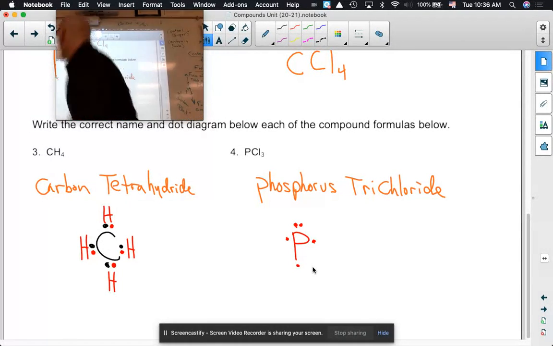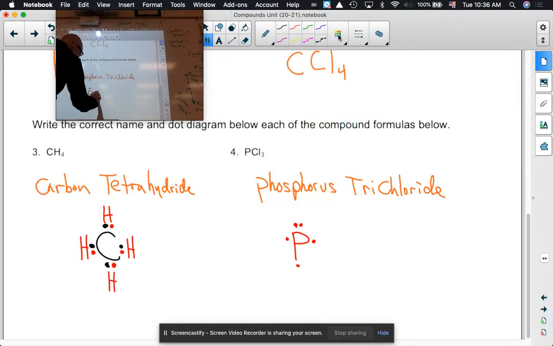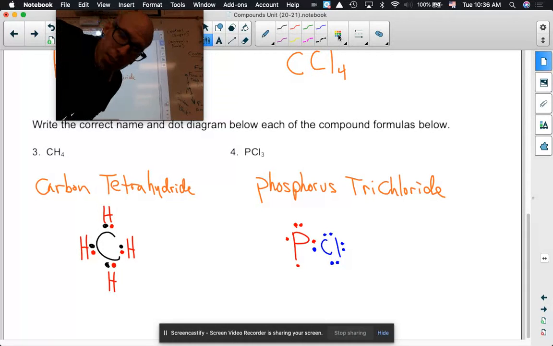All of the halogens and hydrogen, they each have just 1 empty spot, so they can plug in anywhere. So for this, you can have a chlorine right here on this side. There's 1, 2, 3, 4, 5, 6, 7, because remember, chlorine has 7 valence electrons. And so we see there's an octet now.